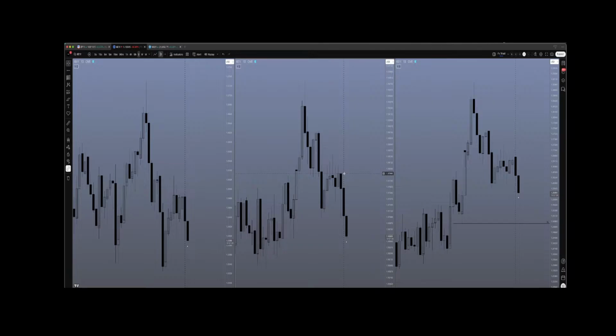That means I want to see stacked confluence to take a trade. Just going to mark the lows out as well.